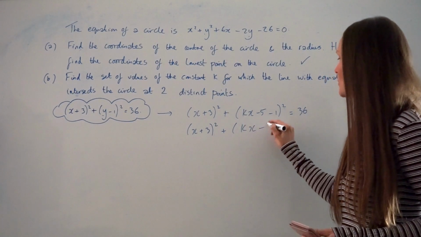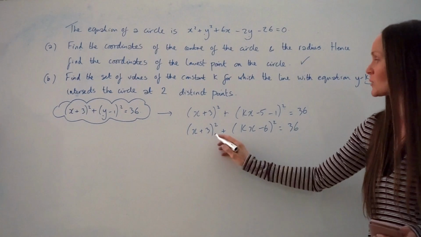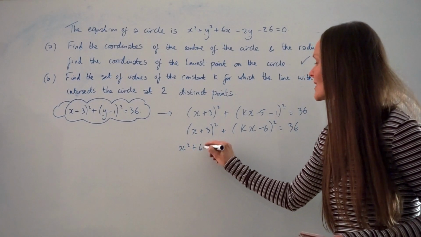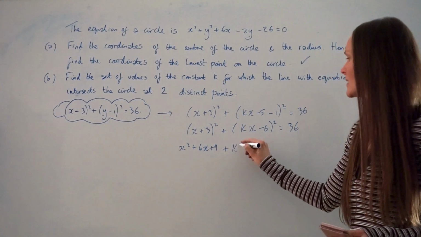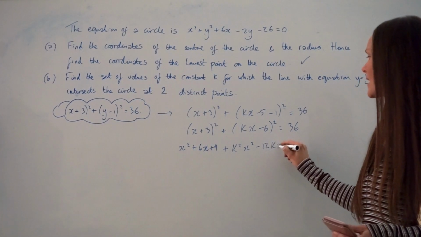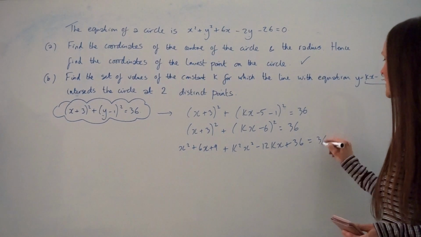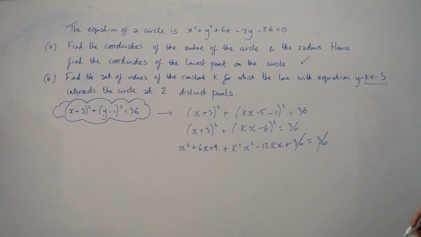Now I'm going to expand and simplify these brackets. If I expand the first bracket, I am left with x² + 6x + 9. Over here, I have k²x² - 12kx + 36, and that is equal to 36. I'm just going to subtract 36 on both sides, so they cancel.